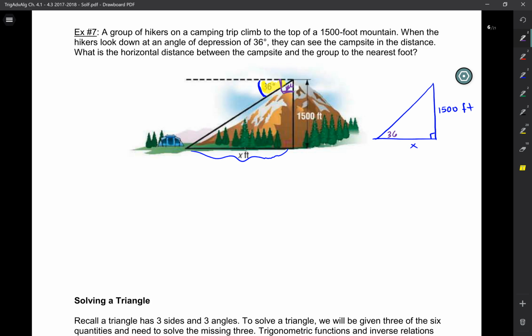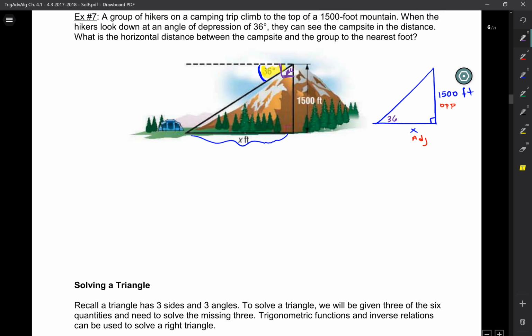Okay, if you do that, you would be using a different tangent. All right, so if we label it the way we have here, how do I label the sides? The 1,500 would be the opposite to the 36, and the x would be the adjacent to the 36. And I'm going to use tangent, thank you. Tangent of what? Of 36.